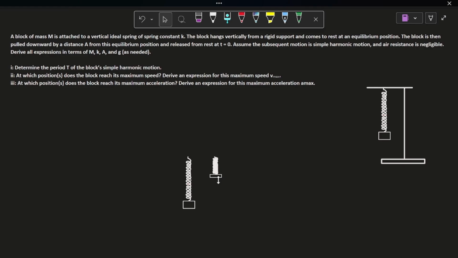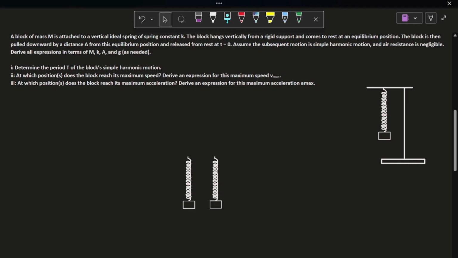Then it's basically the same thing: because it's distance A above the equilibrium, the spring wants to go back to its original length, so it will exert a downward acceleration. The object will keep accelerating until it reaches its equilibrium, and so on.